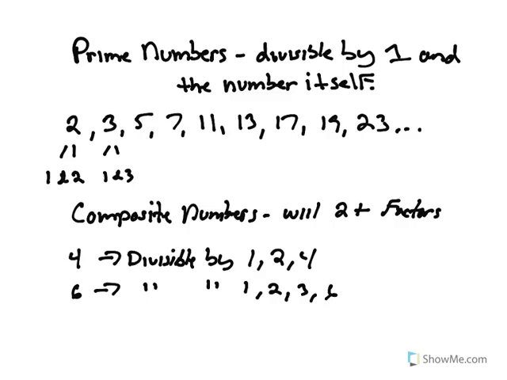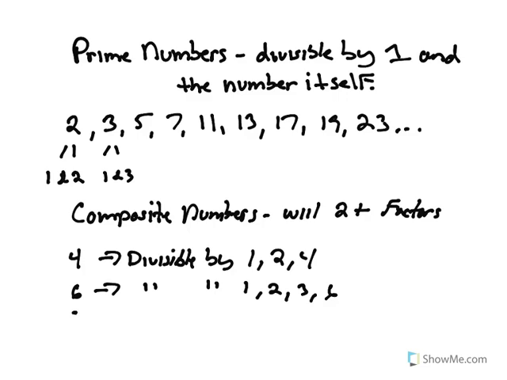Once you get familiar with the first few of them, you're just going to know what they are, and all the other ones are composite. If a number is divisible by more than 2 factors, it's automatically a composite number. It'll never be prime.